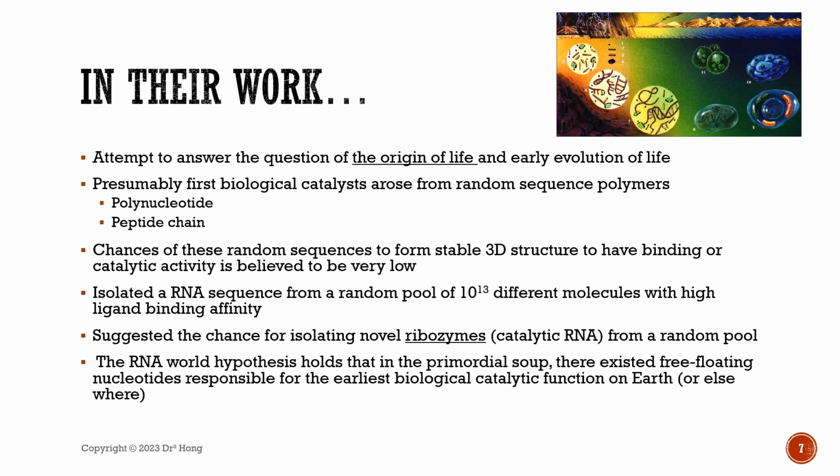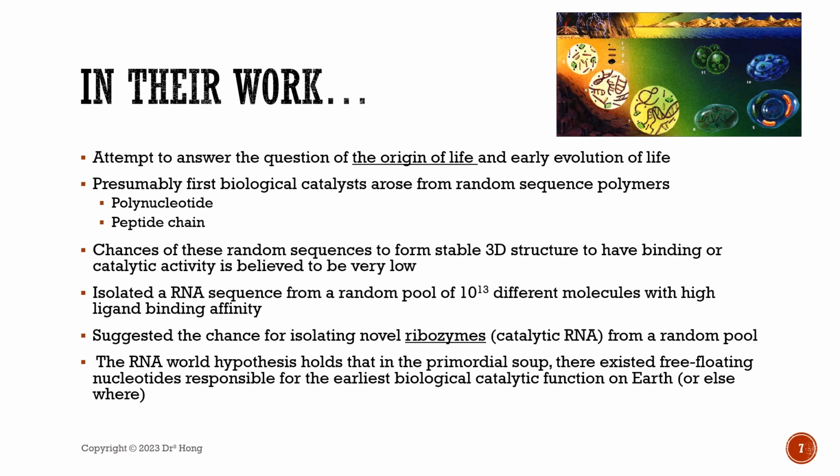One prevailing theory, known as the RNA world hypothesis, suggests that the first biological catalyst arose from a random sequence of polymers, such as polynucleotides and peptide chains. However, the chances for these random sequences forming stable 3D structures with binding or catalytic activity are believed to be very low.